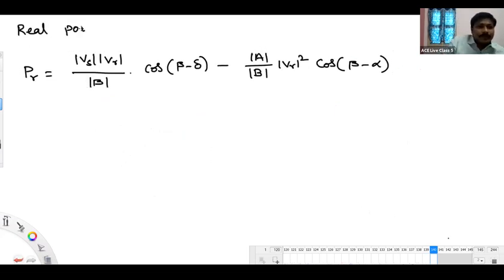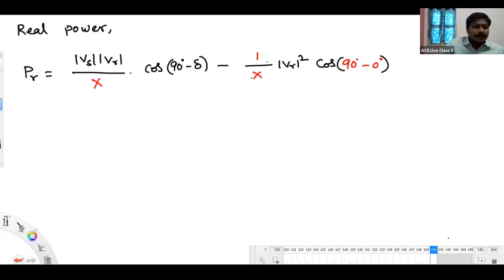Beta we are going to keep as 90 degrees, and mod B is X. Mod A is 1, mod B is X. In the term mod VR square cos beta, beta is 90 degrees and alpha is 0 degrees, so cos 90 is 0.